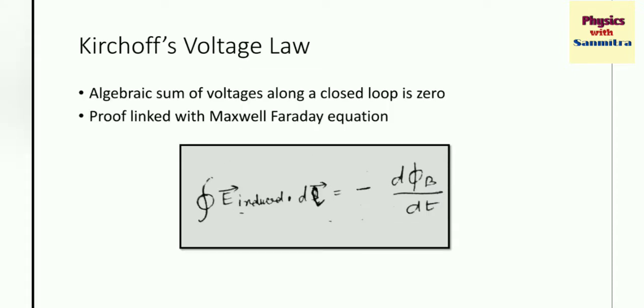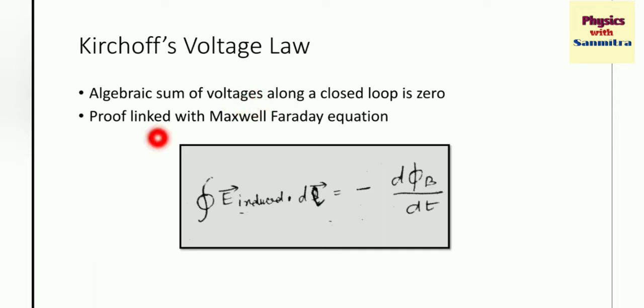Now what is Kirchhoff's voltage law? Let's go by the definition, that is, the algebraic sum of voltage along a closed loop is 0. Now I know it is very difficult to understand it from the definition, so we will do it with an example.